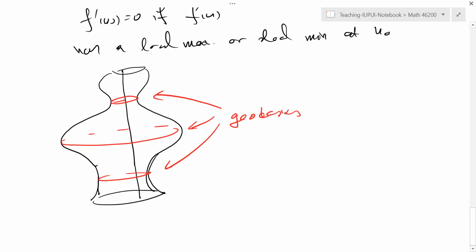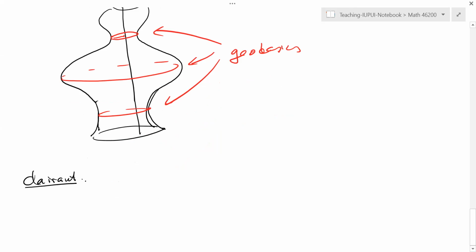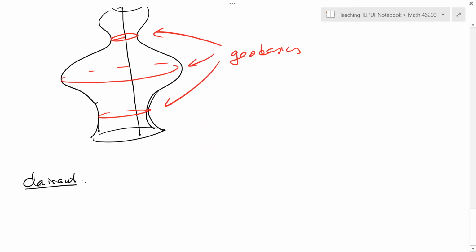All right. The question is, how do we characterize them? I think there was a French mathematician who made a further observation. He was trying to understand the geodesics, how to characterize the geodesics in general.